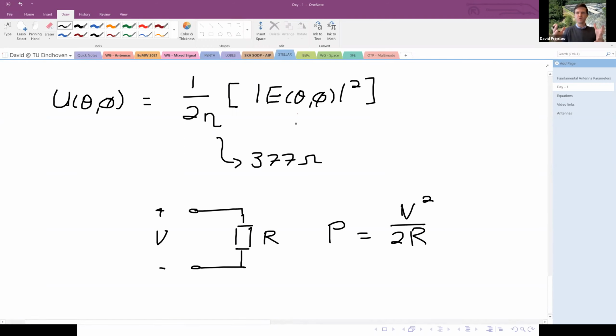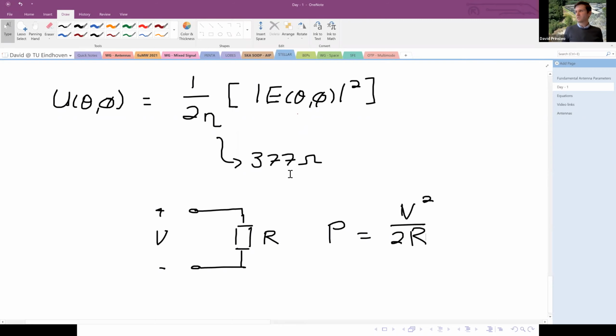It's just the power over a load given an E field that is across it. And this is per angle that we define this, where the impedance in this case is free space impedance, which is 377 ohms.